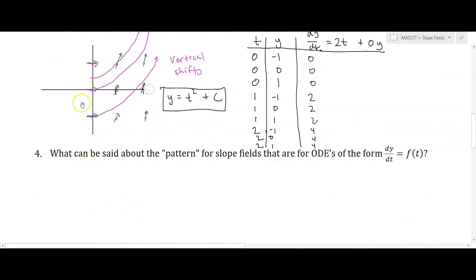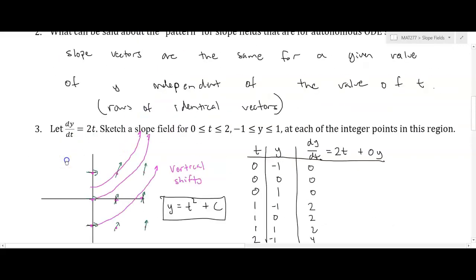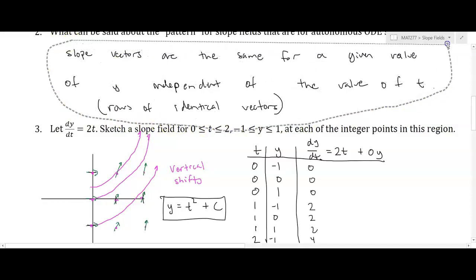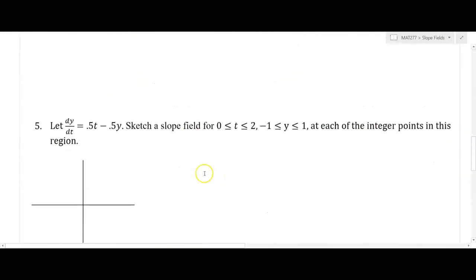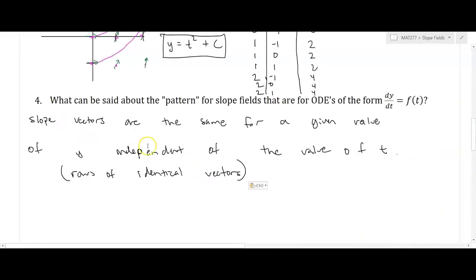And so what can be said about the pattern here? Well, the slope vectors are the same for a given value of t, independent of the value of y. So in fact, I'm not going to even rewrite that. I can just copy and paste this, because copying and pasting is fun after all.